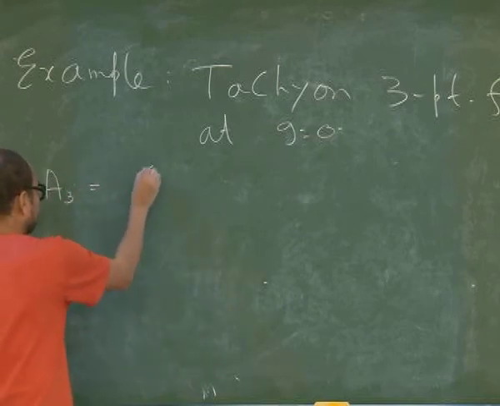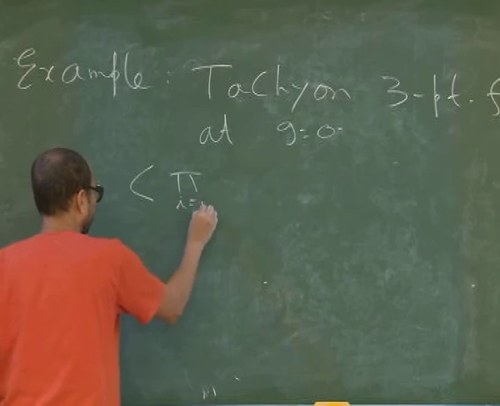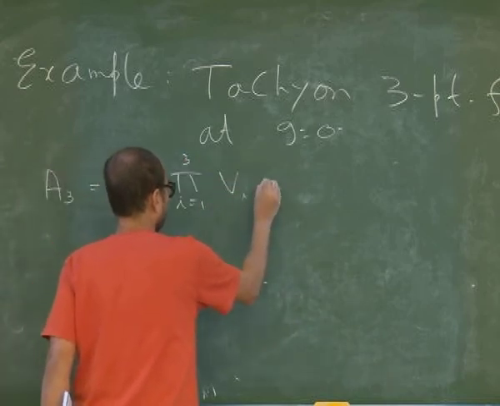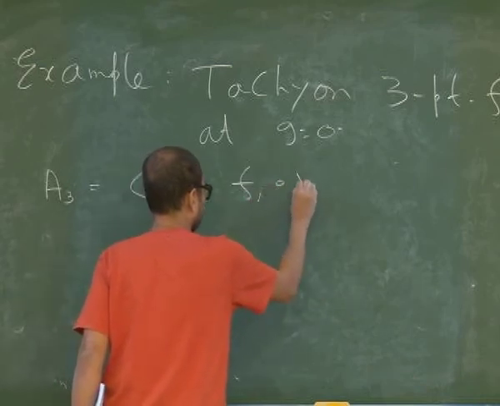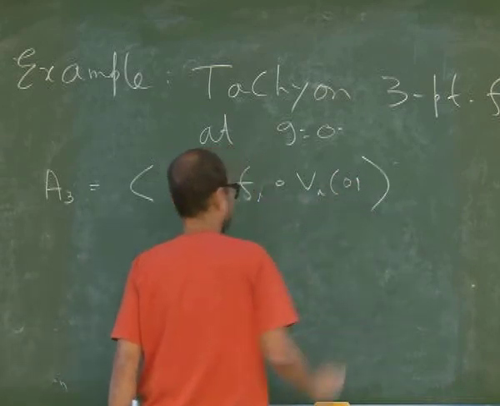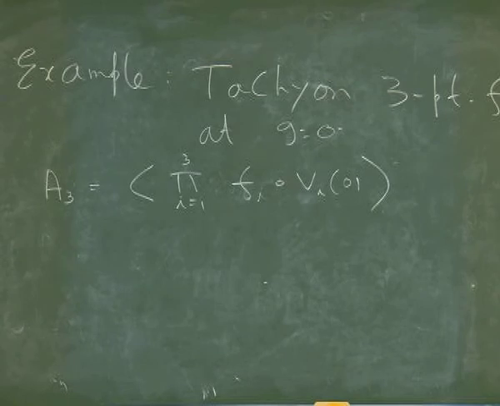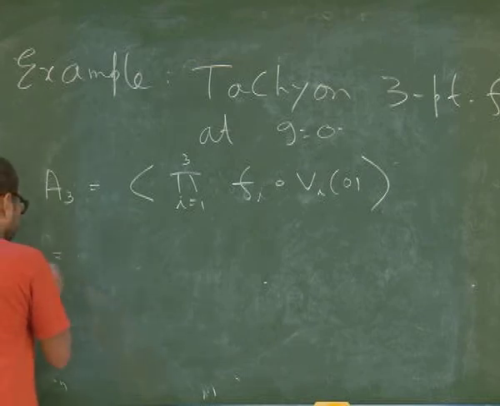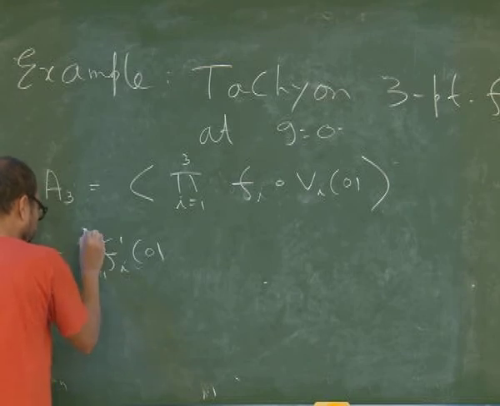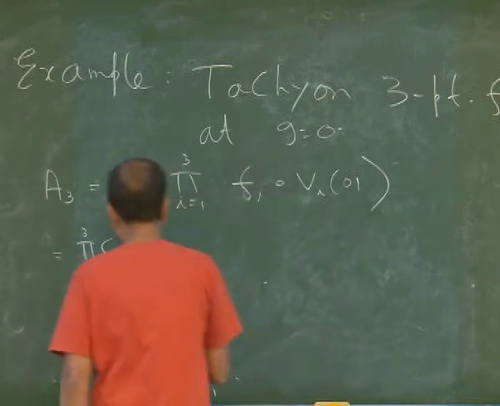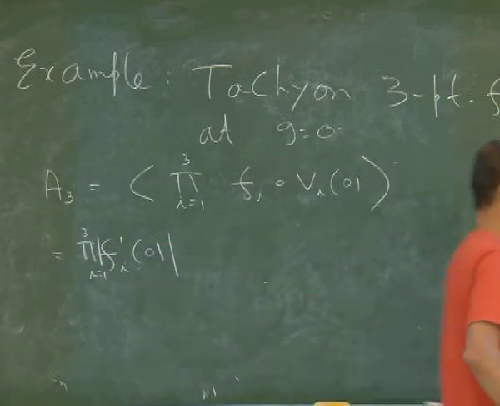Now we are defining A_3 as the product, i equal to 1 to 3, of F_i dot V_i of 0. So this is given by F_i prime of 0, you see, mod F_i prime of 0 to the power 2h_i.